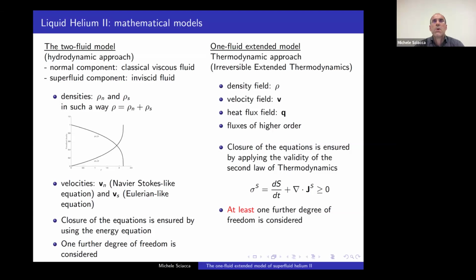We recognize that both models have a further degree of freedom. In the two-fluid model, what Landau thought is that when you go below the lambda point temperature, the fluid has a further degree of freedom, which is the appearance of the superfluid component in some sense.